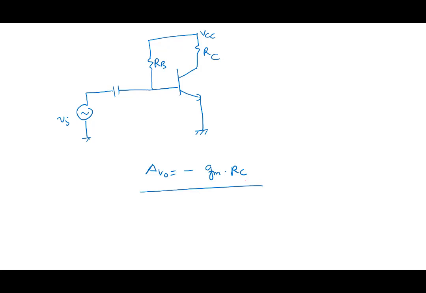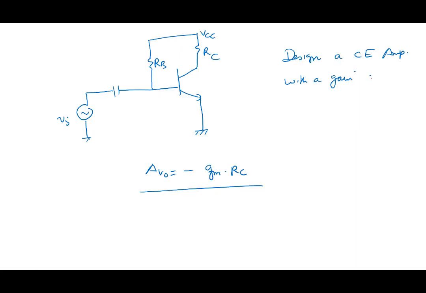Okay, before we do that, somebody comes to you and says, design a CE amplifier with an open circuit gain of AV0 equal to minus 50.